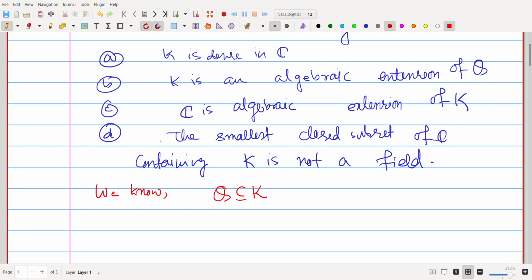Okay, now, is it always true that K is an algebraic extension of Q? This is not necessarily true. Why? Say you can take K to be Q adjoin i comma pi. Then clearly it is not contained in R since i is in K, and clearly K is not equal to C, K is proper.